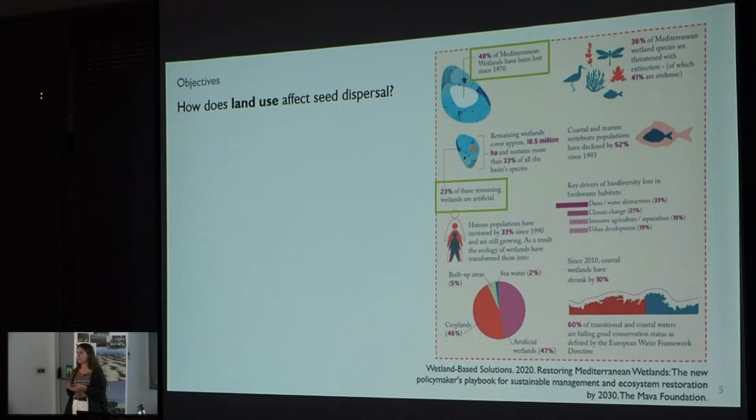In the Mediterranean, almost half of the wetlands have been lost since the 70s, and 23% of the remaining wetlands are artificial. This transformation can lead to changes in the habitat use patterns of waterbirds and also to changes in the plant communities with which these waterbirds interact.